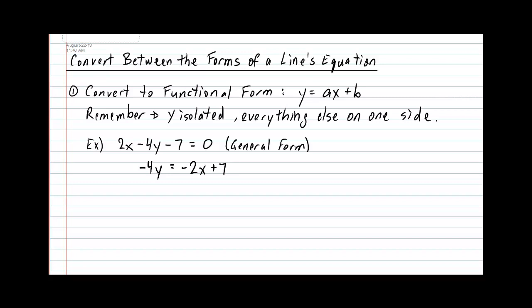Next, I'll finish isolating the variable y by dividing everything by negative 4. This will give me a final rule of the line in functional form of 1 over 2x minus 7 over 4.